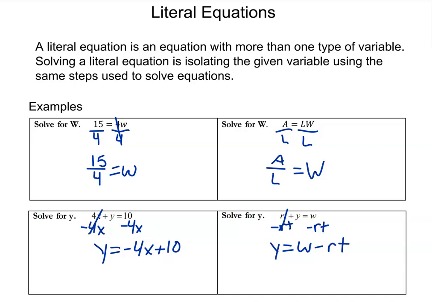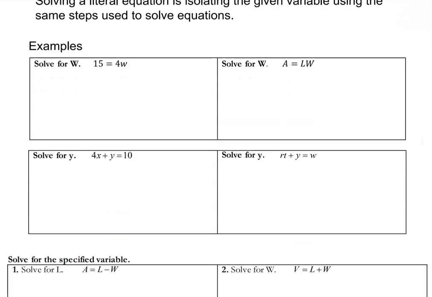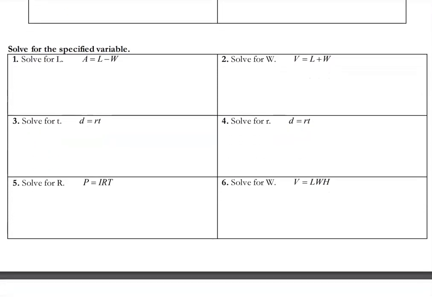Okay, so now let's go ahead and get into some other examples. Let's scroll down. Here we go. I'm just going to do the odd examples on this. For the first one, solve for L, same idea.